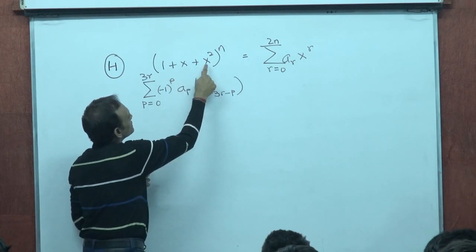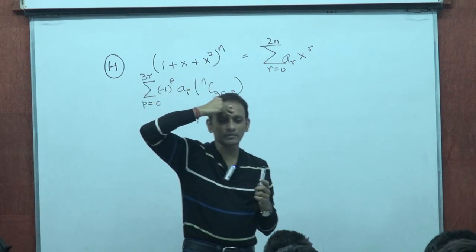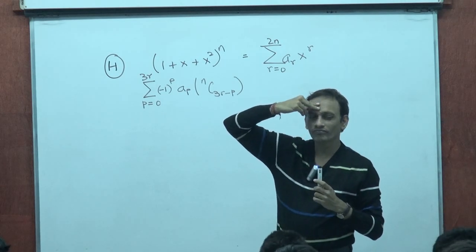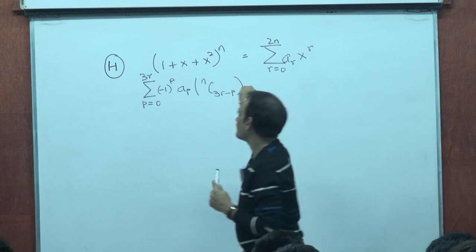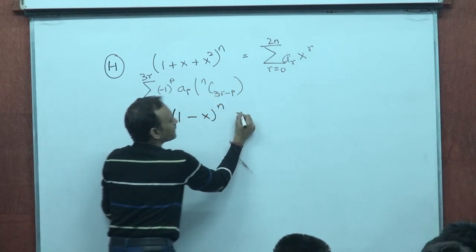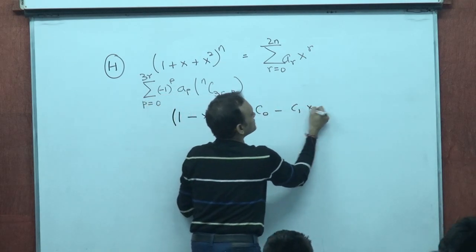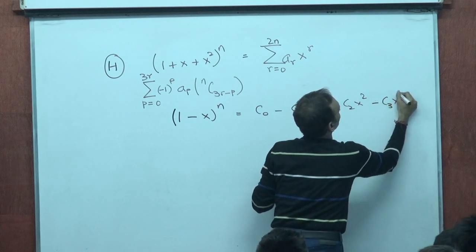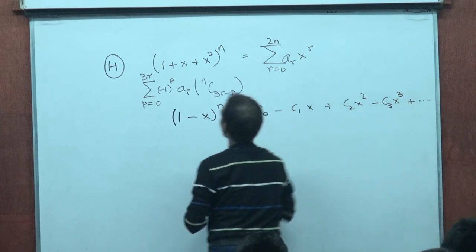See, (1 + x + x^2), if it's multiplied with (1 - x), will give me 1 - x^3. (1 - x)^n is C0 - C1x + C2x^2 and so on and so forth.